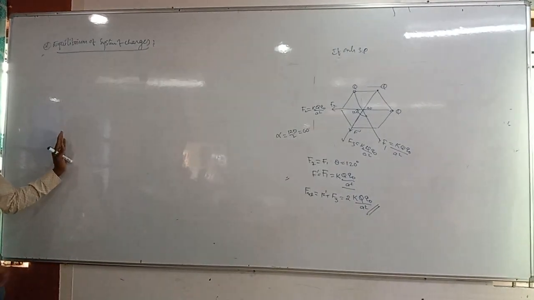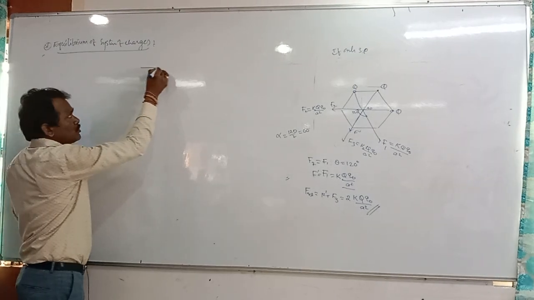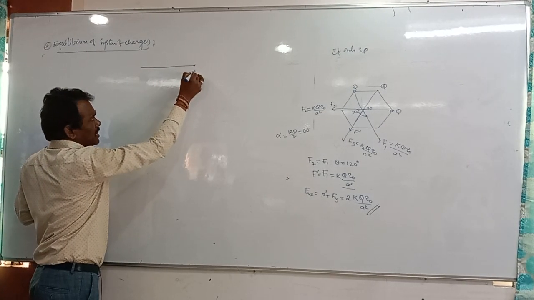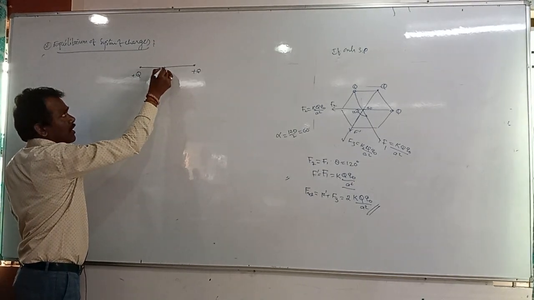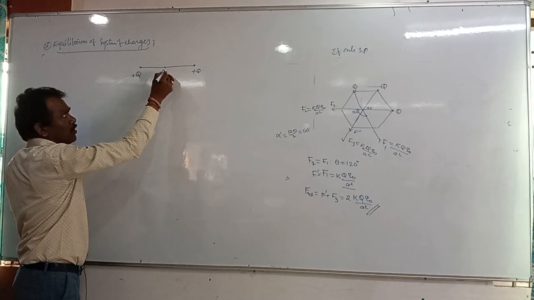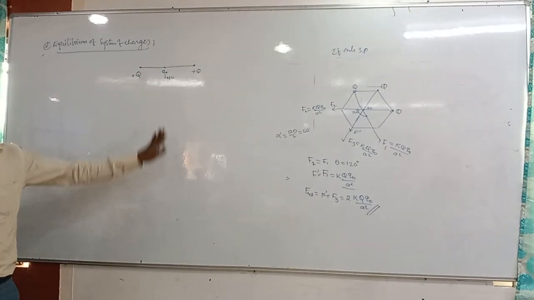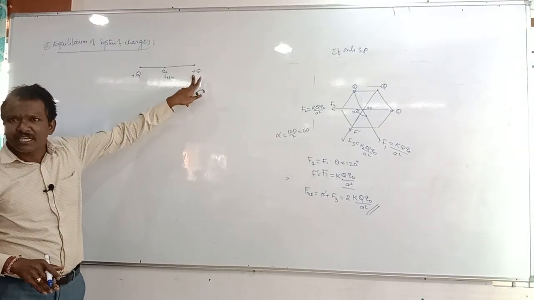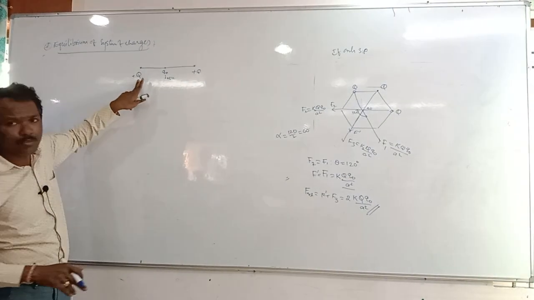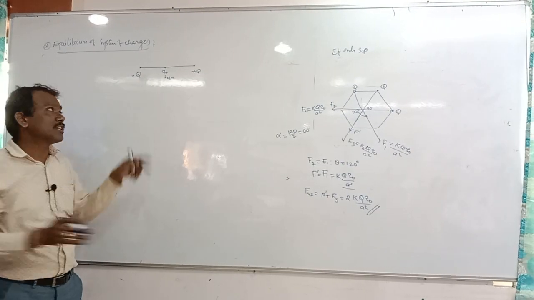See here. Till now what we discussed, Rama? If two like charges are there, at the middle Q naught is at equilibrium position, we said. Next, here remaining these two, plus Q and plus Q, these identical charges.